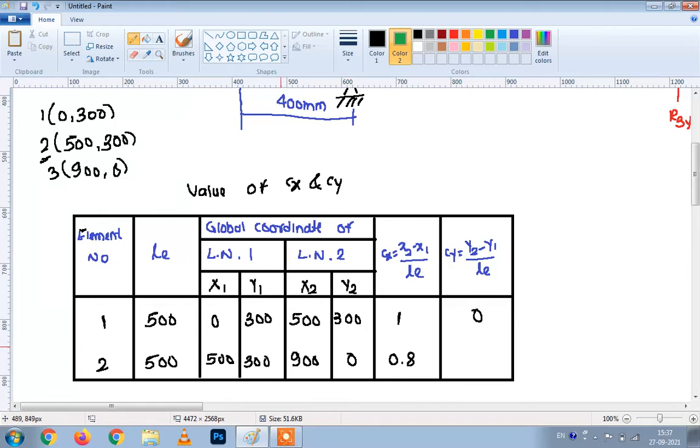So 0 minus 300, that is minus 300, divided by the length of the second element, which is 500. Minus 300 divided by 500 becomes 0.6, minus 0.6 because the minus sign is there. So we have got the values of Cx and Cy for element number 1 as well as element number 2.